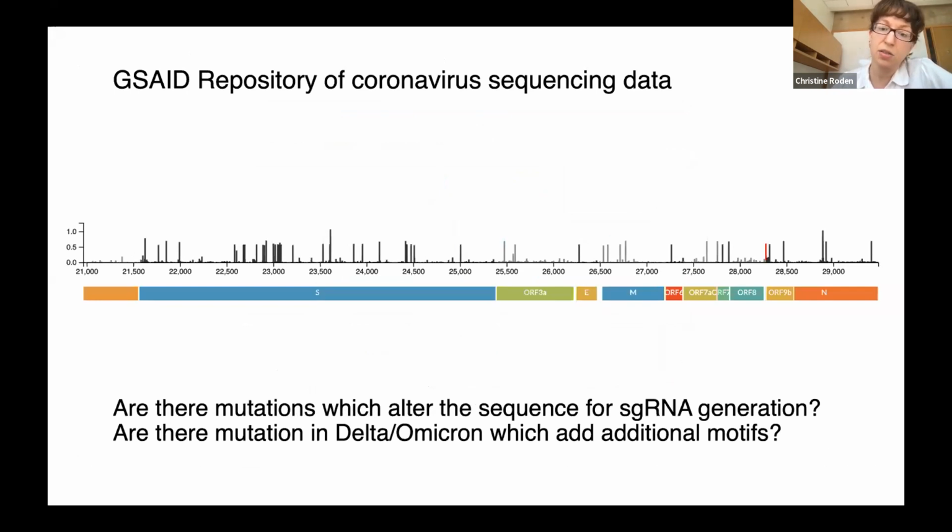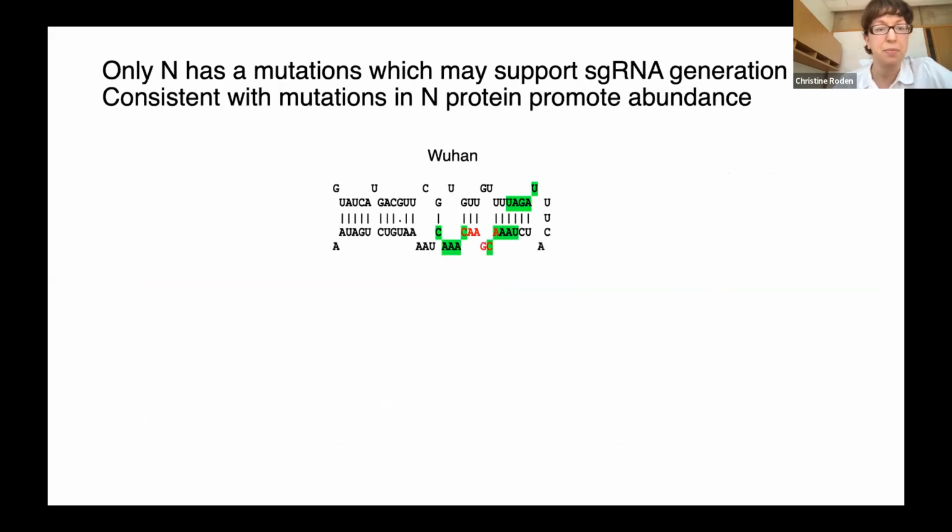And what we're looking at is a zoom in of the structural proteins in the 3' of the genome. And let me show you my favorite mutation, position 20,871, where I think this mutation alters the sequence of the sgRNA in a way that would benefit both Delta and Omicron by creating an additional motif.